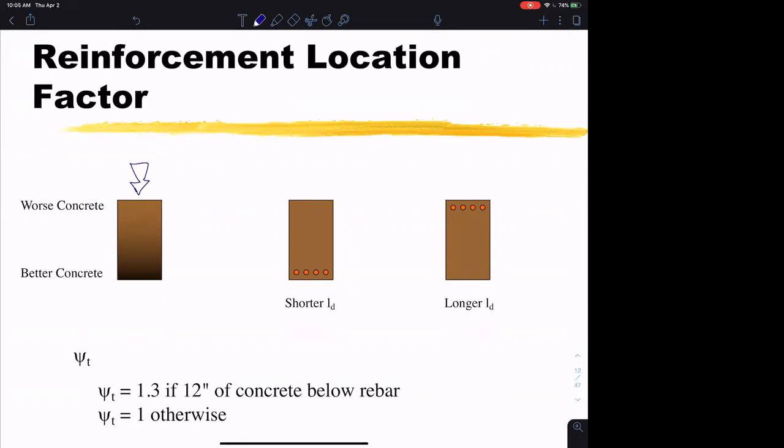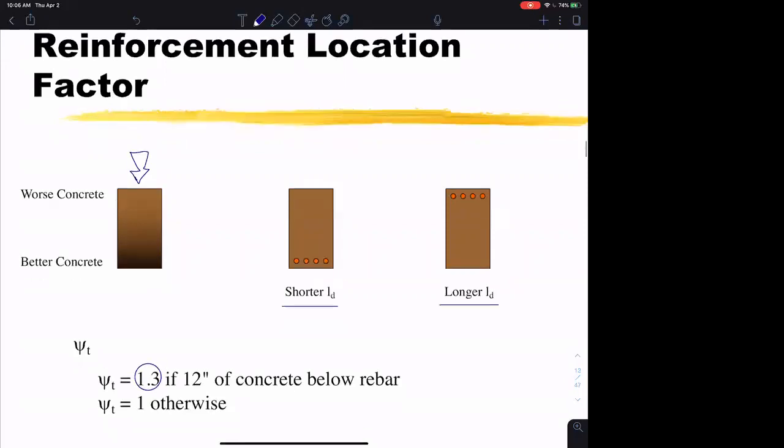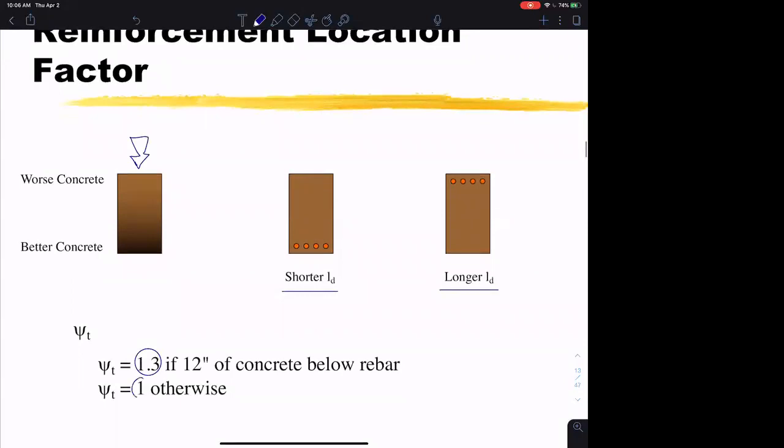So that means that at the bottom, you have a shorter development length, and at the top, you have a longer development length. And this factor is 1.3 if you have 12 inches of concrete below your bar, and 1 if you do not have 12 inches of concrete below your bar.